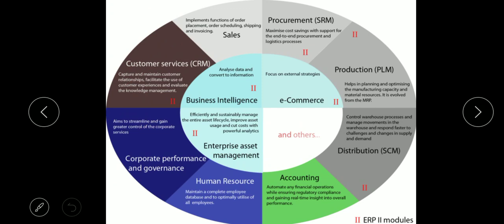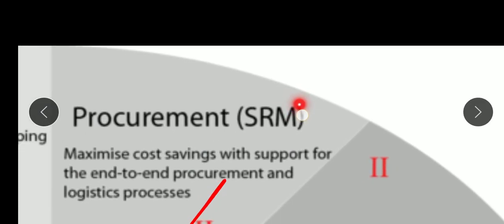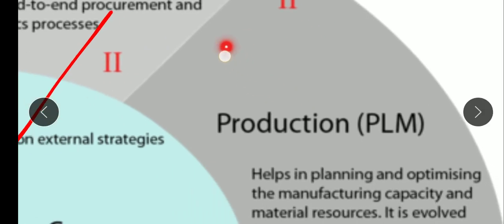Next, coming to the modules or the functional areas of ERP. An ERP system covers some common functional areas, like here you can see procurement or SRM, that is supplier relationship management.